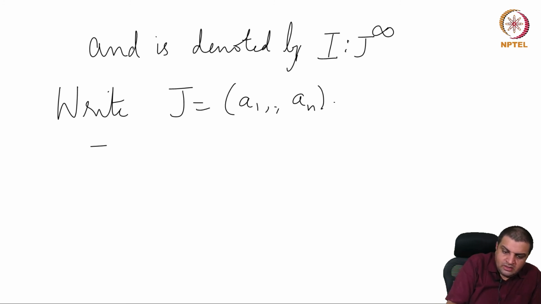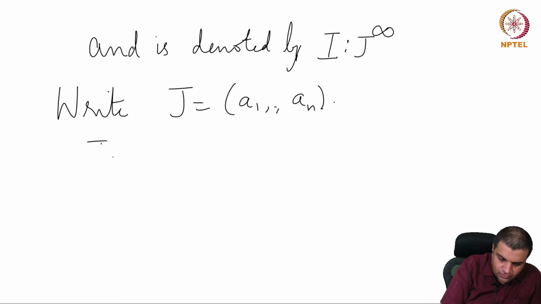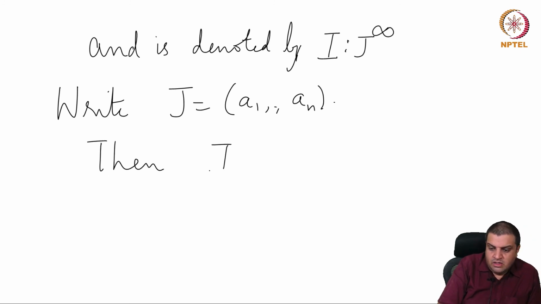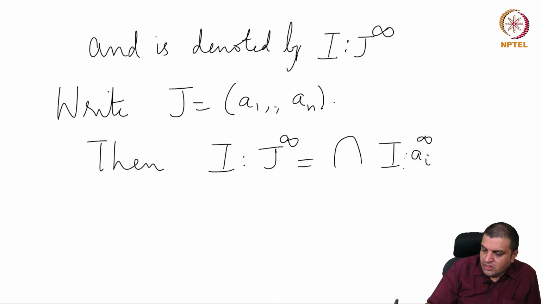Then the saturation I colon J infinity is the intersection of the individual saturations. This notation is used when you take a principal element; we'll omit the parentheses.